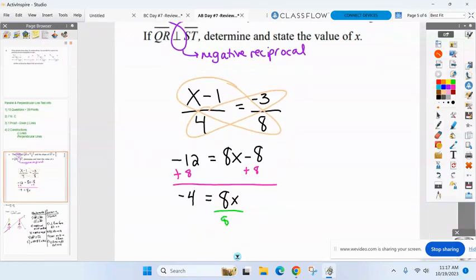Divide by 8. Divide by 8. So x will be not negative 2. That doesn't come out to be negative 2. Negative 1/2. All right. Parallel, the slopes are equal. Perpendicular, they're negative reciprocals.